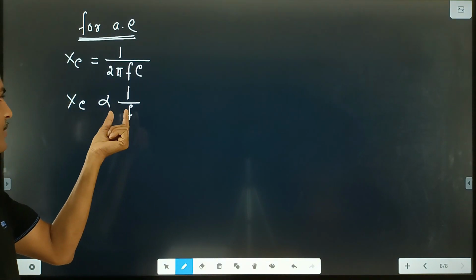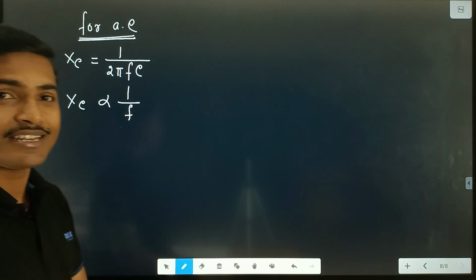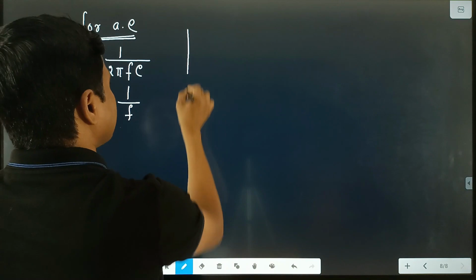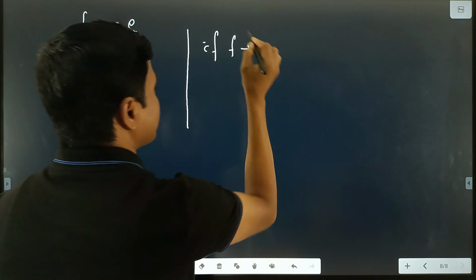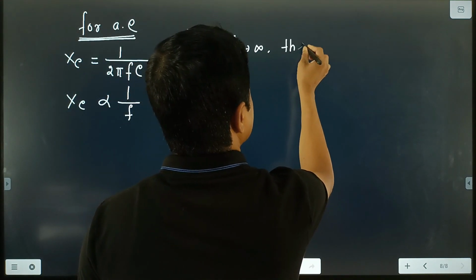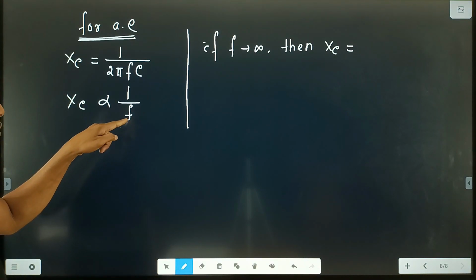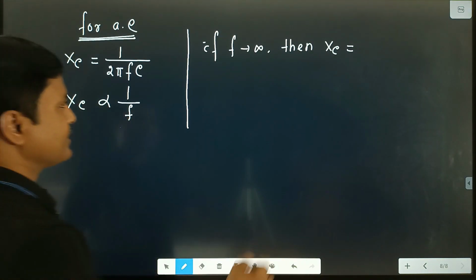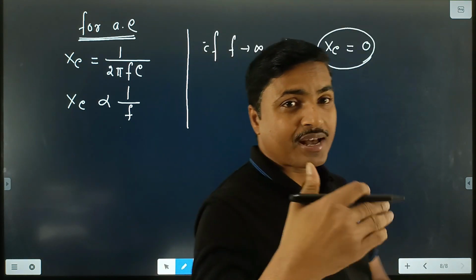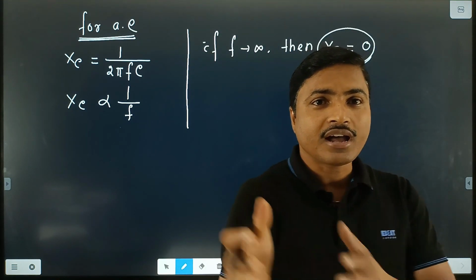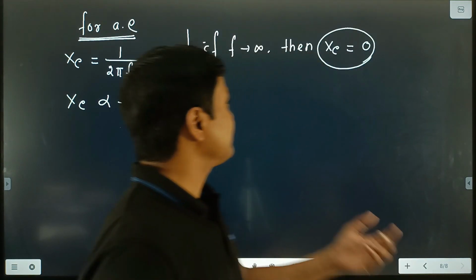If we increase the frequency of the alternating current, then capacitive reactance decreases. That means if frequency is infinite, then in place of f if we put infinite, XC is equal to 0. That means the capacitor allows alternating current, but that depends upon the frequency.